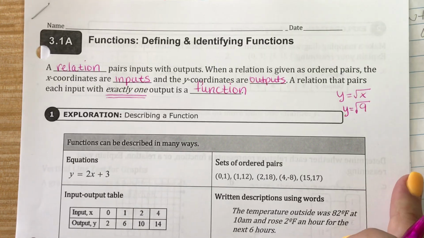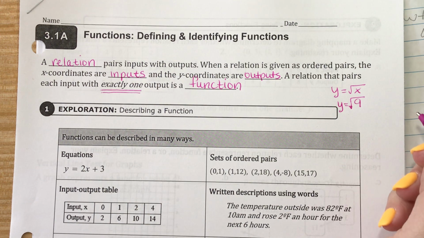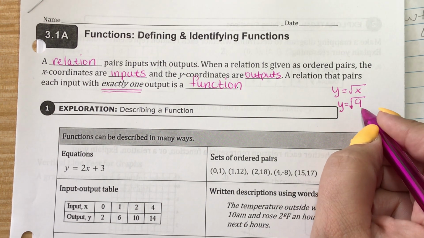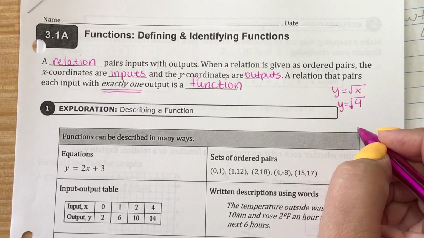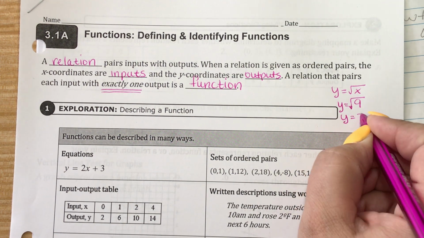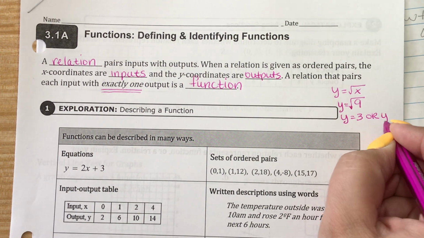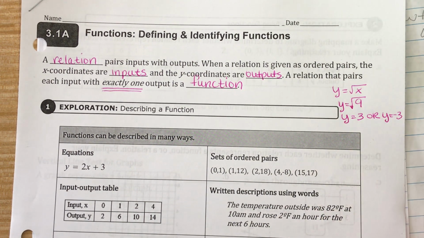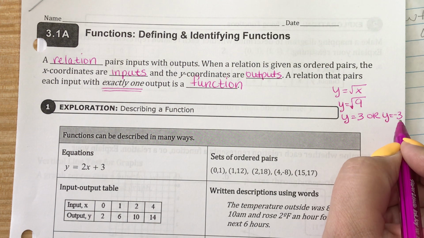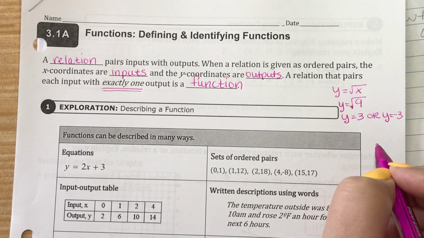But if I evaluate this particular equation of the square root of x, the reality is that there are two outputs that make this true. The square root of 9 could be 3, but it could also be -3. Both of those are true and accurate. The square root of 9 is 3, and it's also -3.